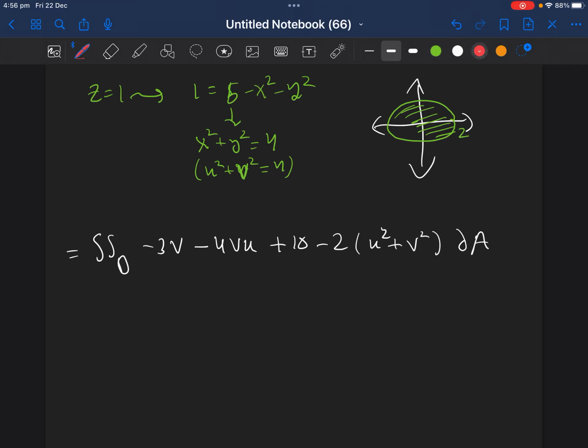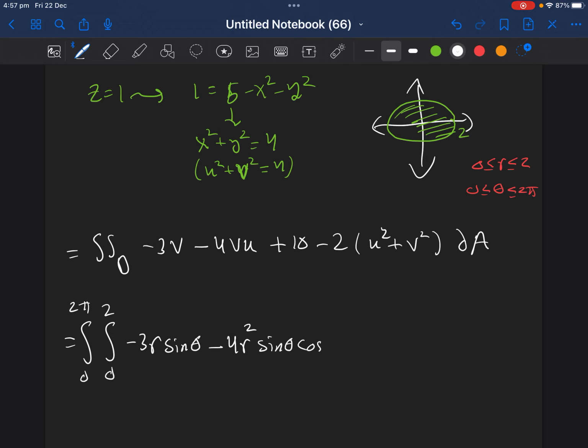And for the double integral, this will just turn out to be using the polar coordinate, 0 to 2 pi. So this integral will be 0 to 2 pi, 0 to 2. And now I have to change everything into the polar coordinate. So the first one will be minus 3r sine theta minus 4r squared sine theta cosine theta plus 10 minus 2r squared.